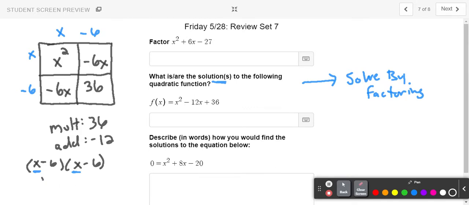The other way you could do that is to set the binomial equal to 0 and then solve to get x equals 6. And that is your solution. Okay, don't stop at the factors when it says to solve. Find the solutions. x equals 6.